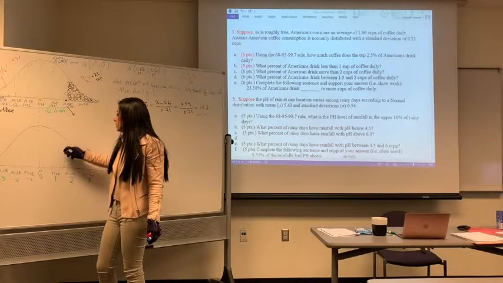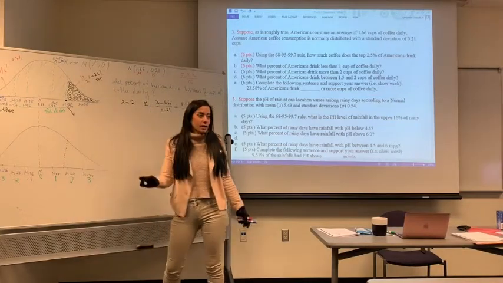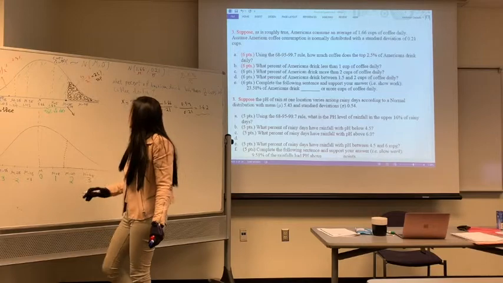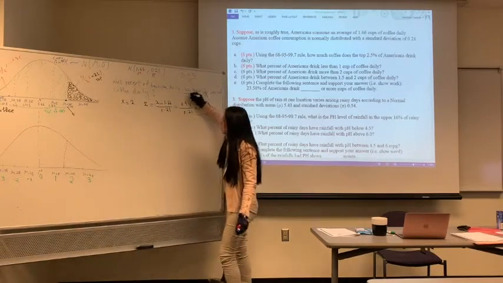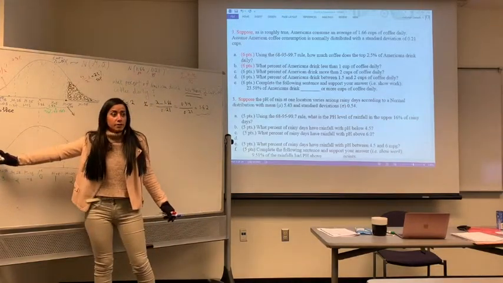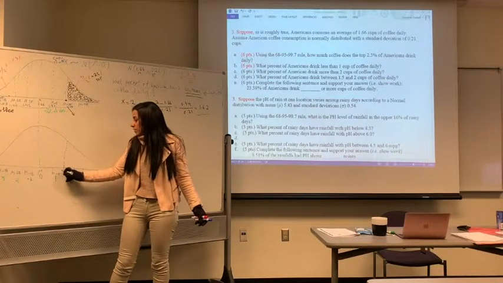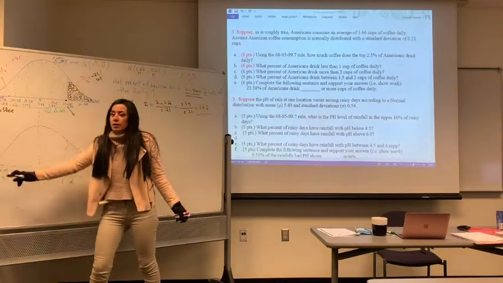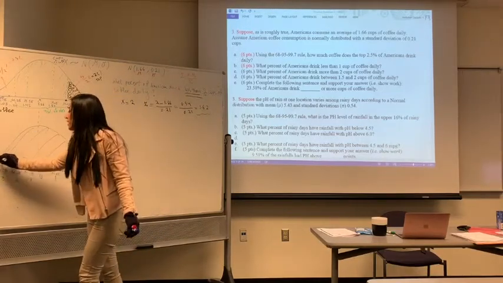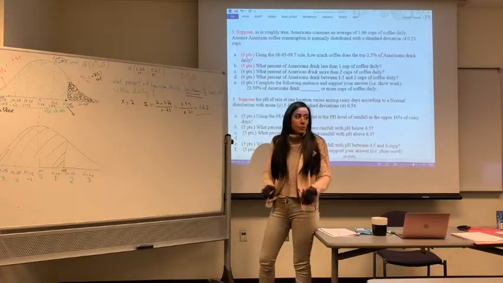So look, I'm always giving approximate number, approximate area. So it says what? Less than 2. So less than will be on the left side, right? It says less than because all the cups of coffee here, 1.62 on this side, are less than. So I need to find this area, proportion or percentage of observation, right?